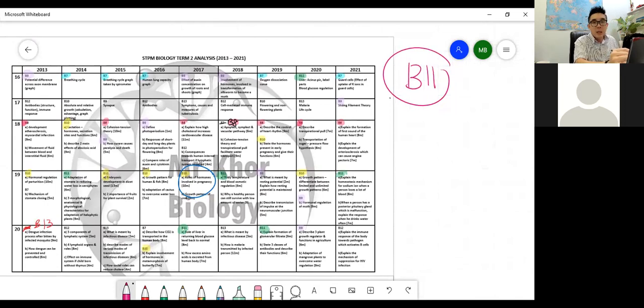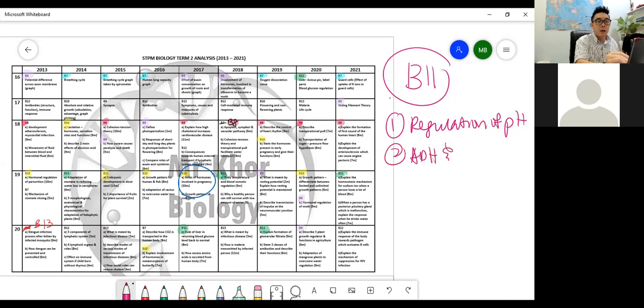Now, guys, I would say top of the list is regulation of pH. Yeah. And then please go through ADH and aldosterone, because this is a separate subtopic. I'm sure your teacher told you. Then adaptation of plants, the last part of the topic.